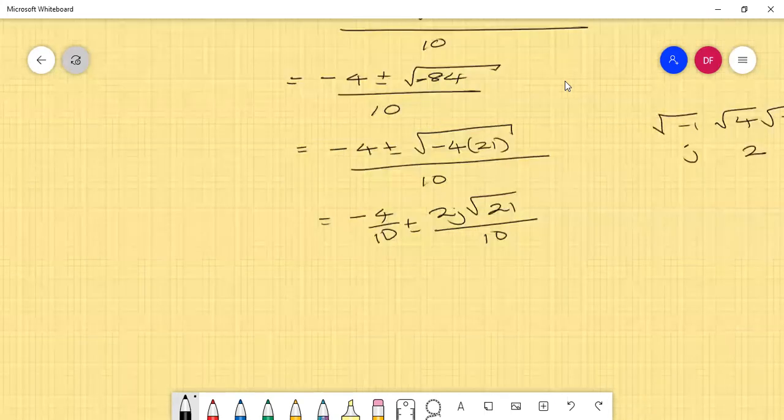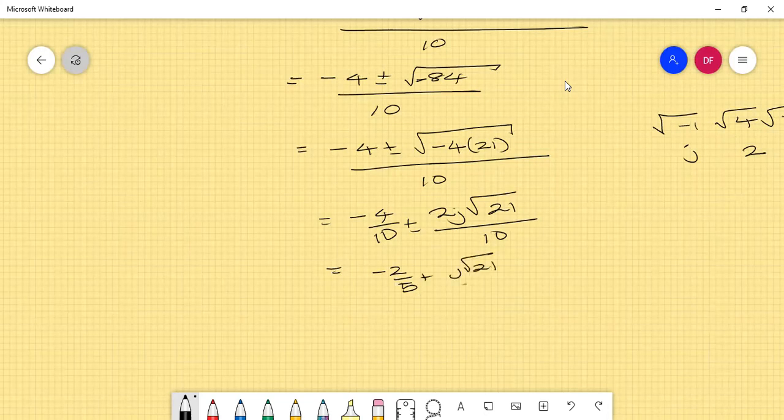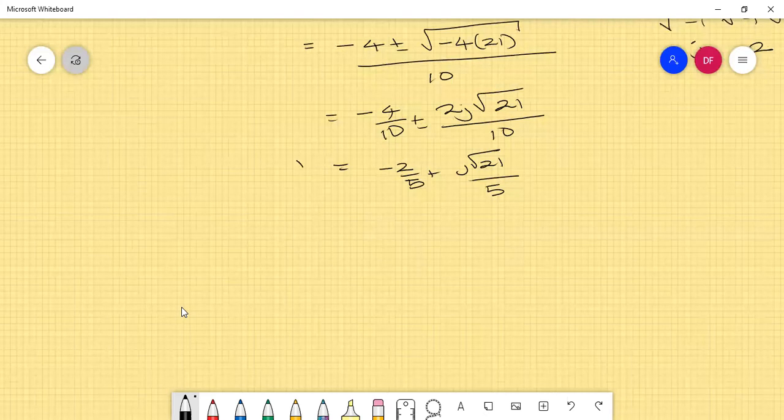So that is going to be minus 4 over 5 plus j root 21 over 5, 2 into the 10, 5. So that would be the roots of my equation, but it's complex.